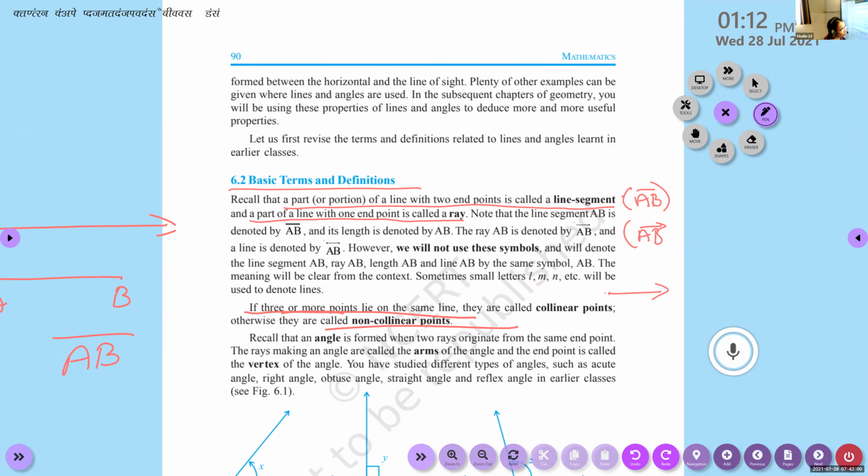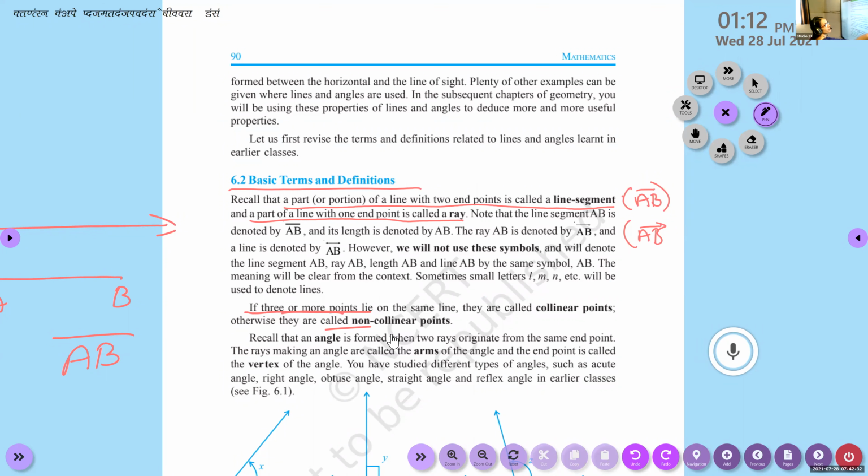And this side we can extend, no? If we want, we can extend, so it becomes a line. So AB is a ray, only that. No need to draw a line first and make a ray. This is a ray; we can extend if we want. Anyway, it is a part of line AB.